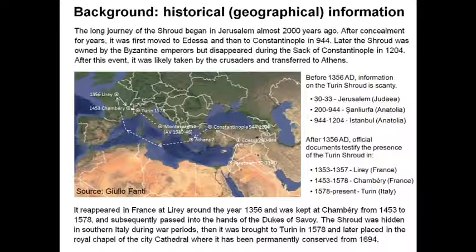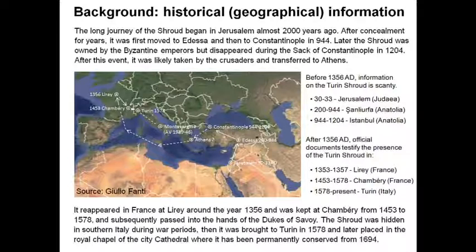Some background. I know that everyone here in the audience knows the long journey of the Shroud much better than I do, but this information is very important for understanding our results. So, according to many scholars, the long journey of the Shroud began in Jerusalem almost 2,000 years ago.